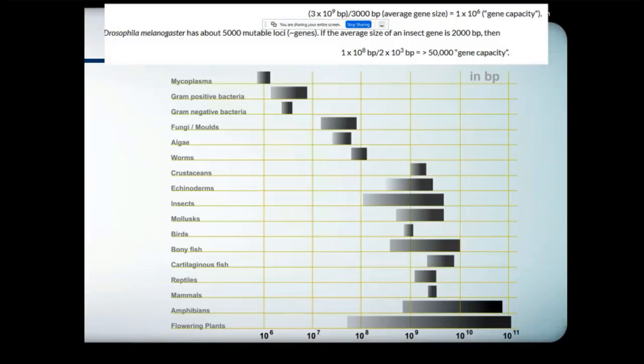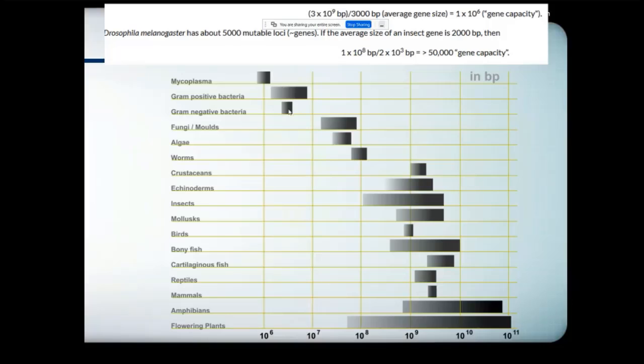So this is a graph that shows the genome content or genome size of various organisms. Here you can see on the top we have mycoplasma, which has a genome size of about 1 into 10 raised to 6.